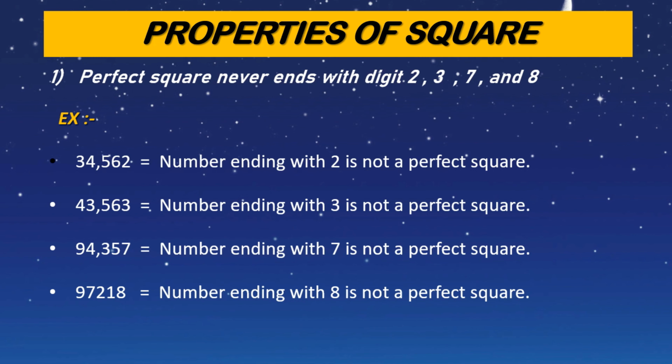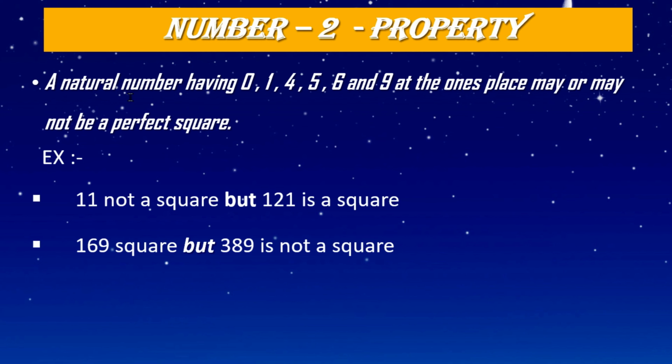What is the second property? A natural number having 0, 1, 4, 5, 6 or 9 at the ones place may be a perfect square or may not be a perfect square.